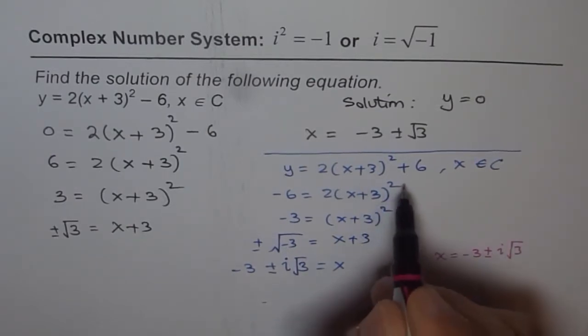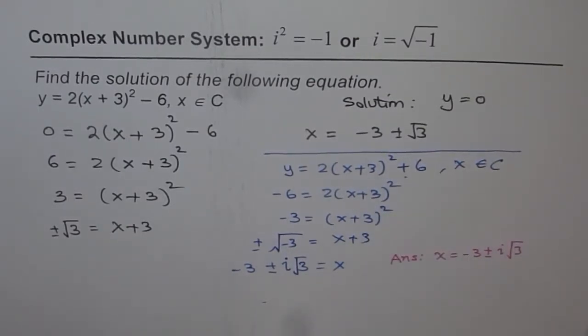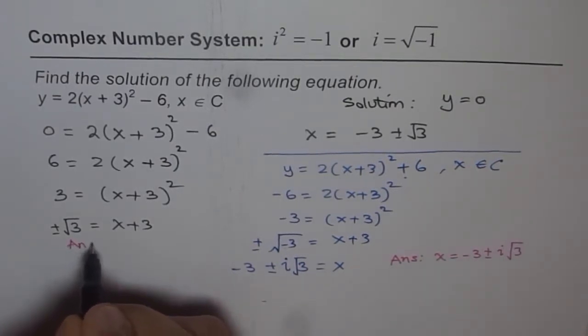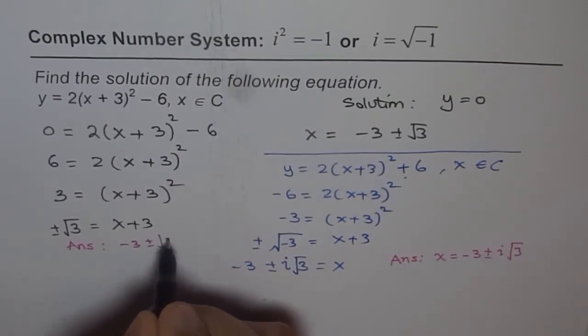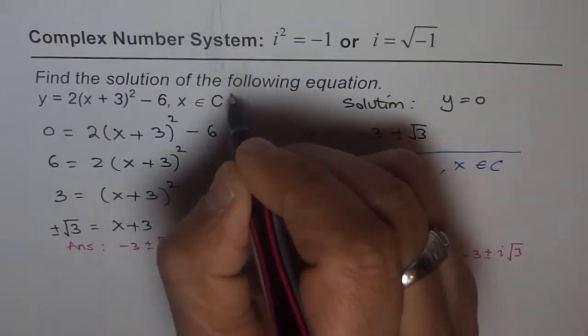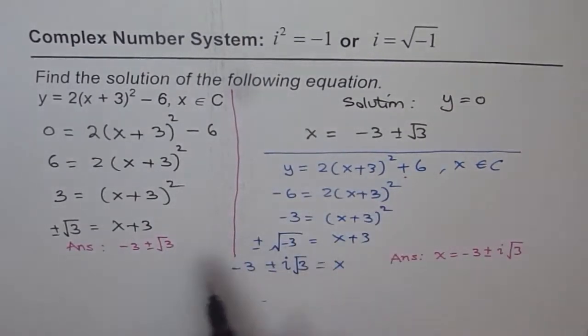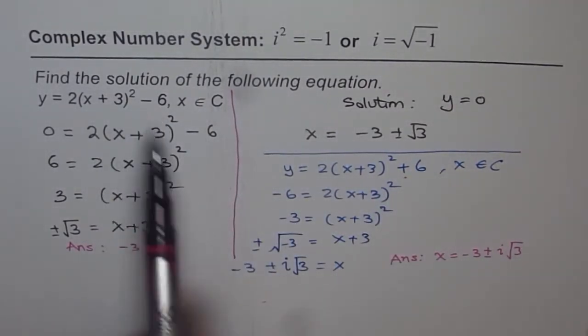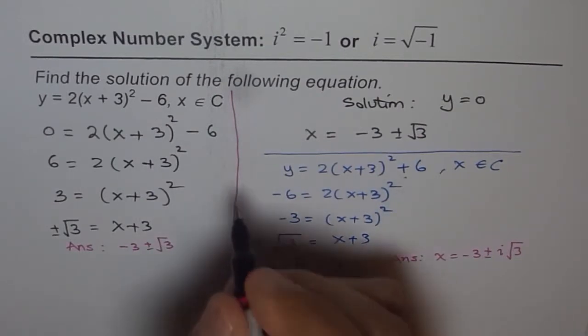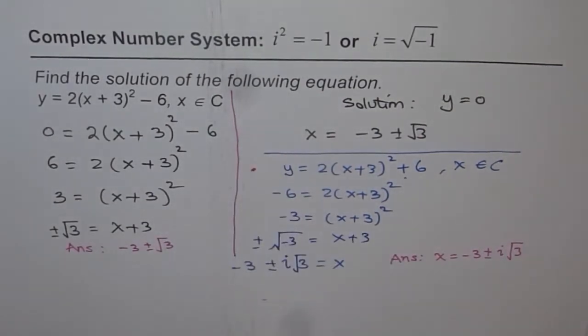So when I change it to plus, the problem moves into the complex numbers. Otherwise, we had a real solution: the first answer was minus 3 plus or minus the square root of 3. Let me divide this into two portions. This is the first question, where we have minus 6. When I change it to plus 6, I introduce the second question.